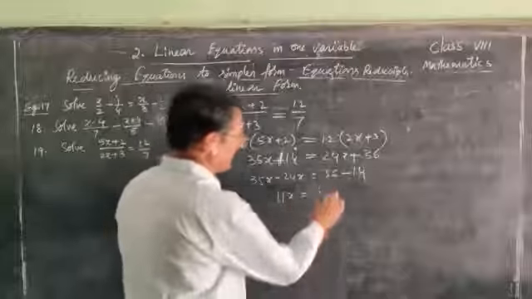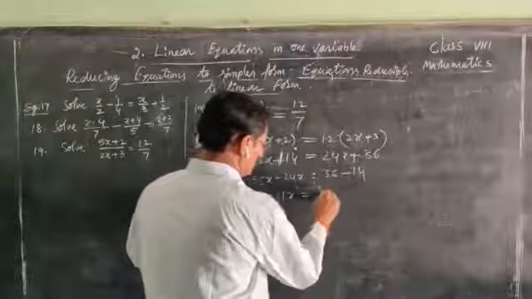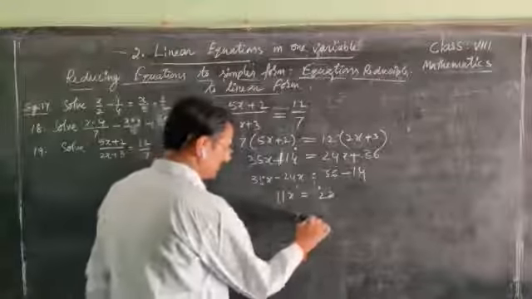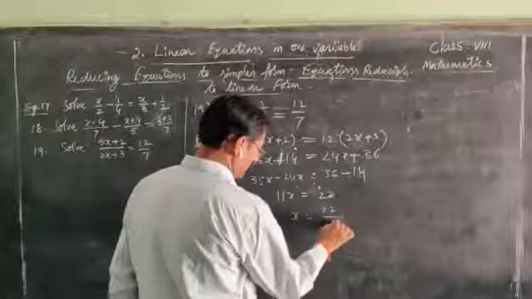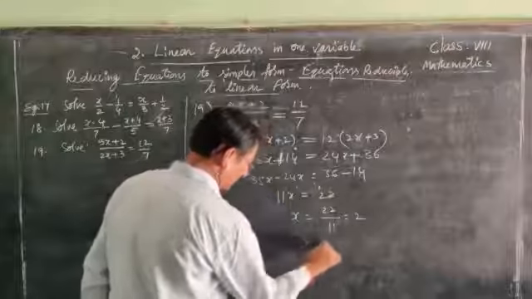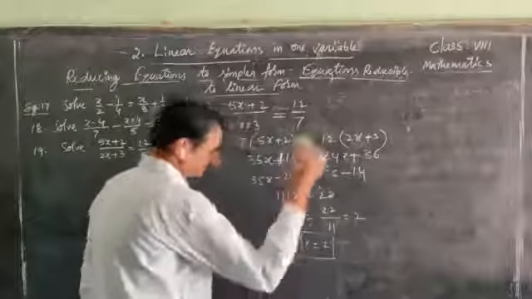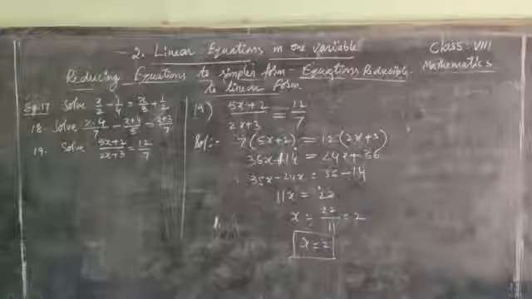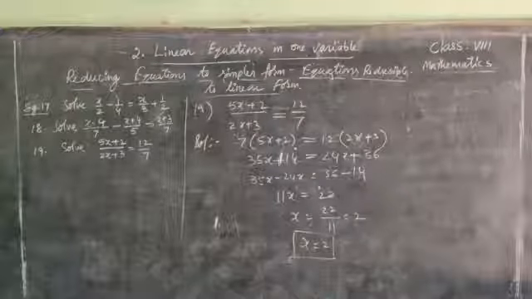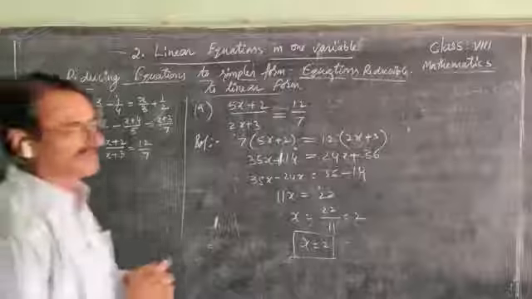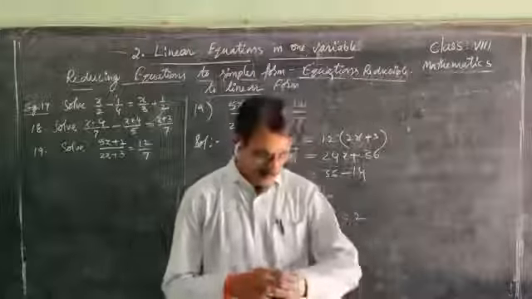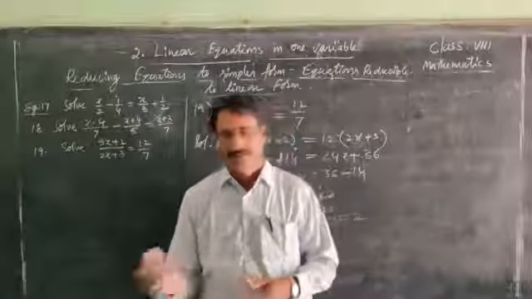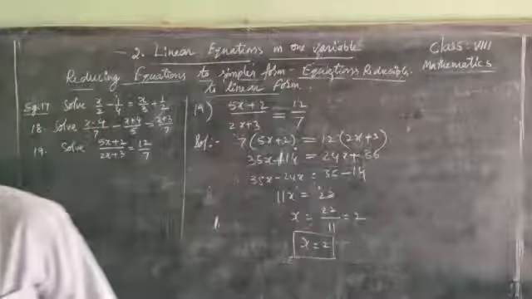Here 22. 22 by 11 equal to 2, x equal to 2. Like this, we can solve the remaining problems in the exercise also.